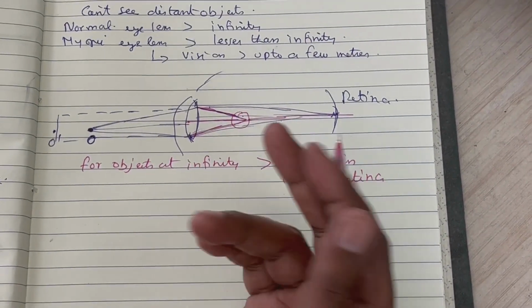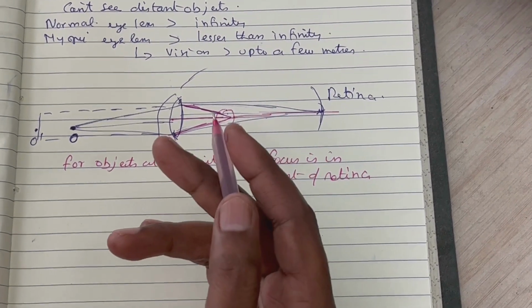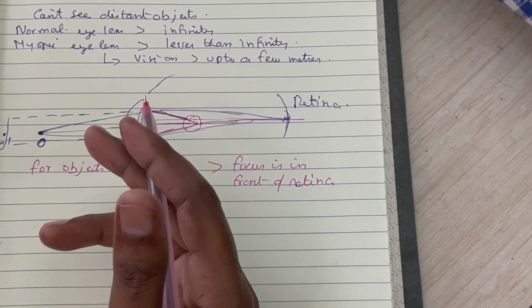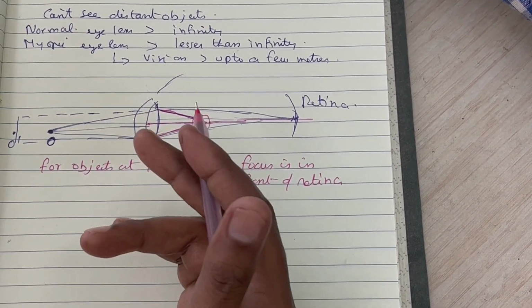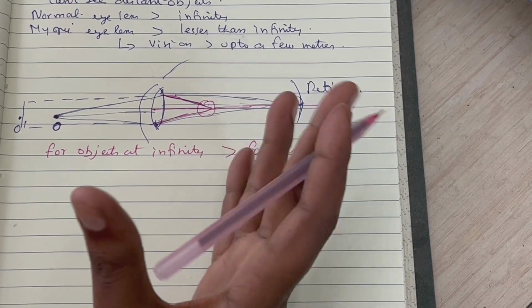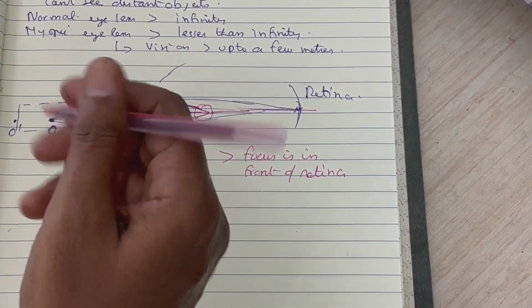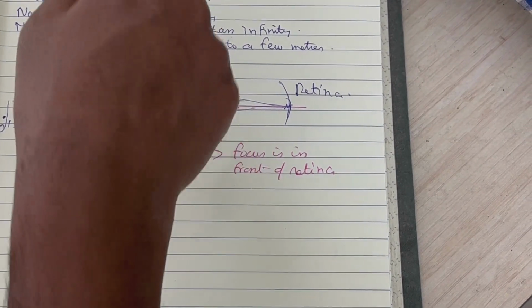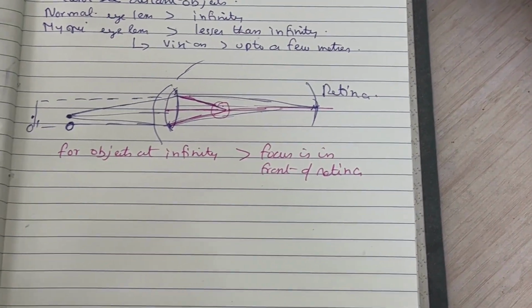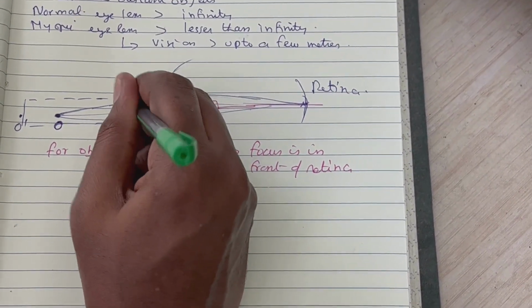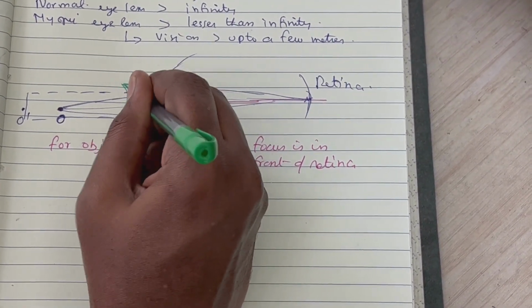So how can we cure this condition? The only way out is to use a concave lens of suitable power to rectify it. I'll draw it here to get a better picture. Suppose you are using a concave lens.